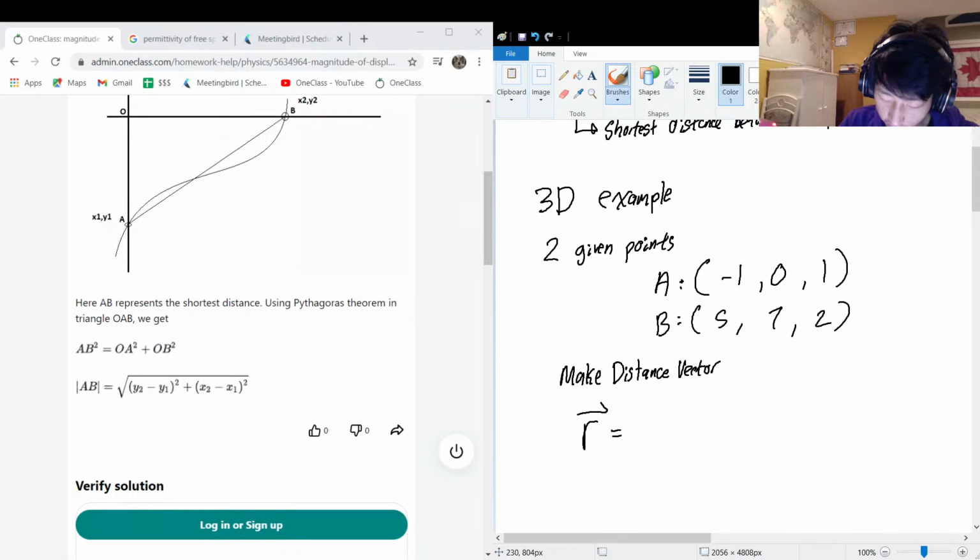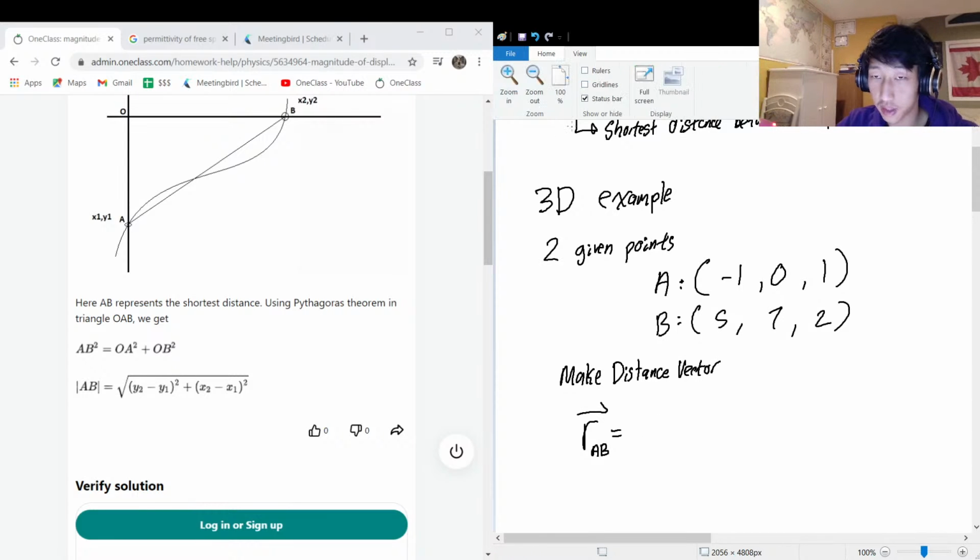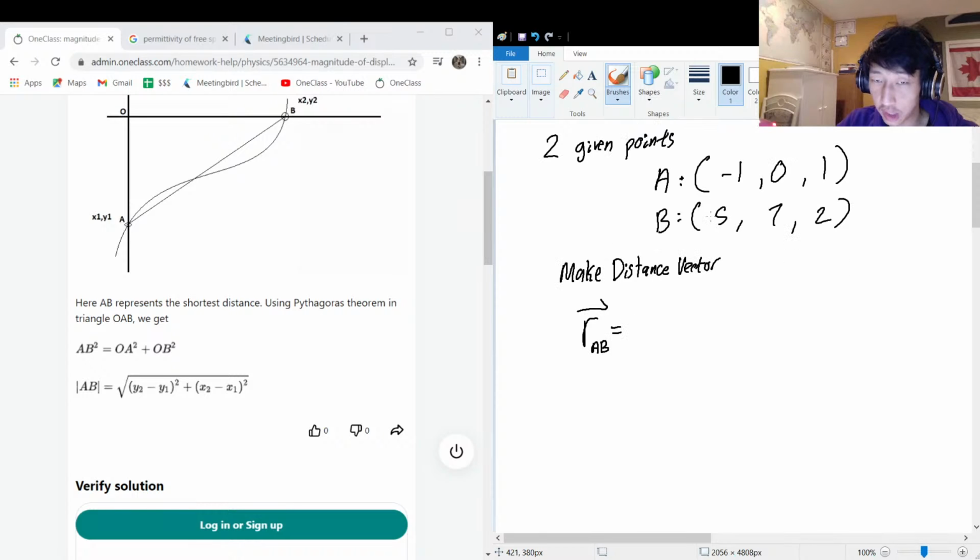So really, the radial distance, let's say we're going from A to B. Now, it would be different if we went from B to A, but what we want to have here in our equation is going to look like this.